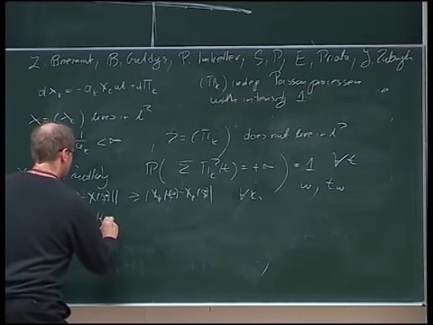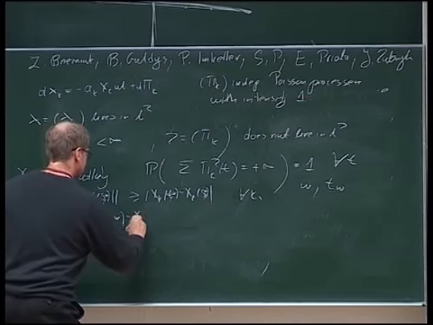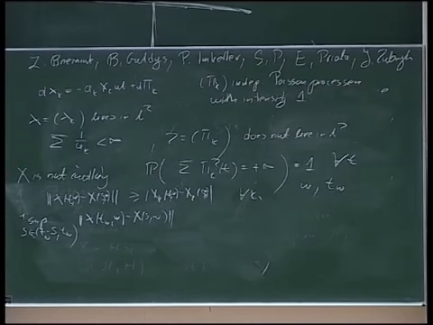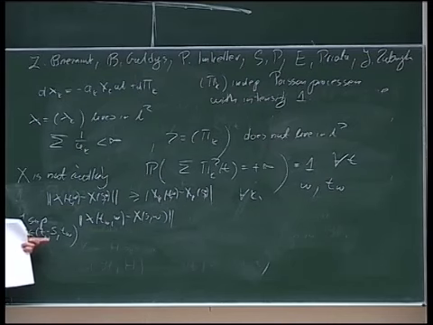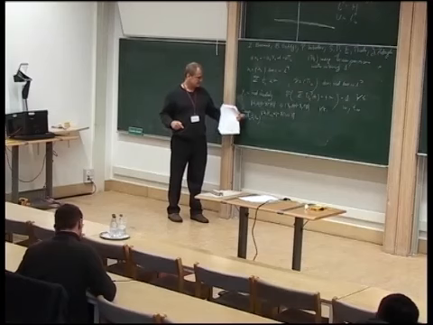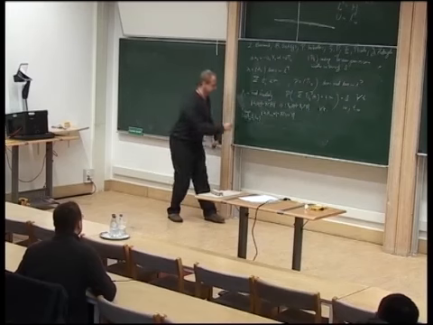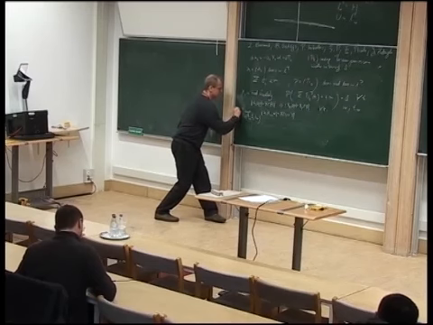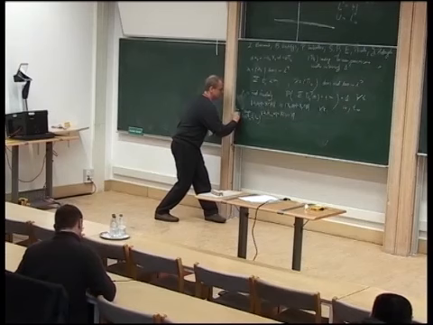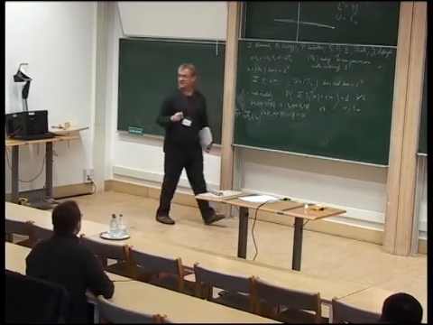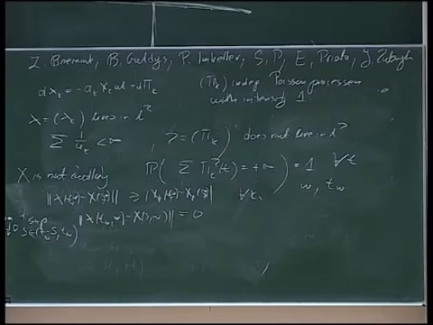Then, of course, if there is a left limit, this supremum goes to 0 as delta goes to 0. It's a Cauchy condition.